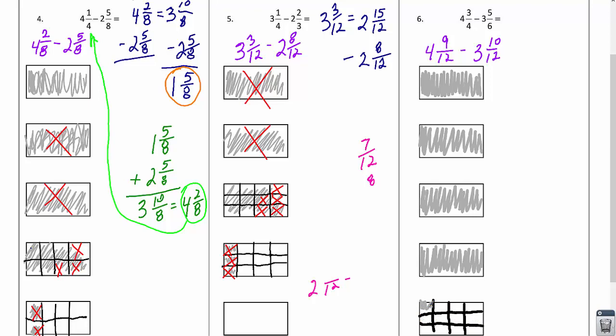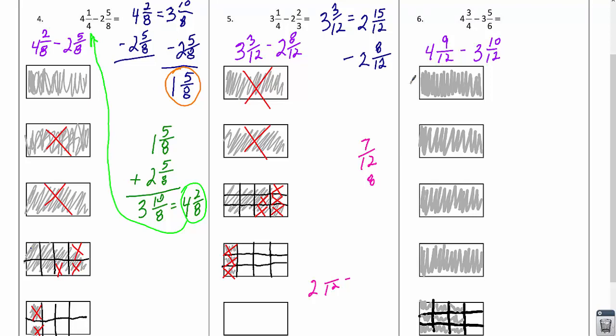So I've got 1, 2, 3, 4, 5, 6, 7, 8, 9/12. All right. So there's my original 4 and 9/12. Now my problem is I have to try to take away 3 and 10/12. I don't have 10/12 to take away, so I need to rename.